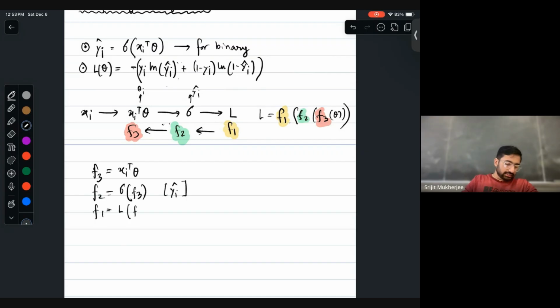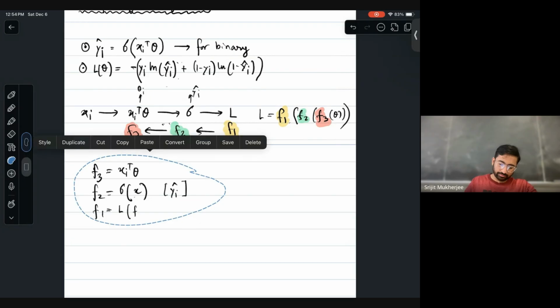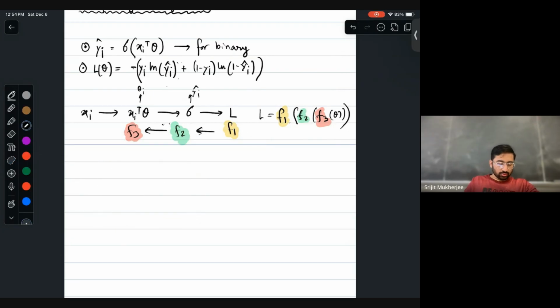I mean, this is a wrong statement to say it's F3. So write everything in terms of some other function a.